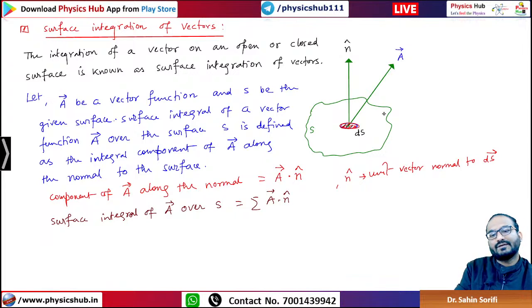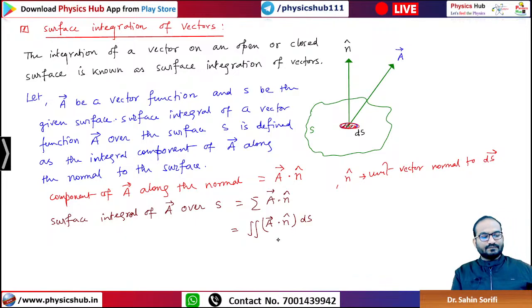Now this is a continuous thing, so it can be converted into a surface integral, into an integration. So A dot n cap ds. Right, now two integrations, because there are two dimensions involved, that is why two integrations are there. If you go to volume integral, there will be three integrations.